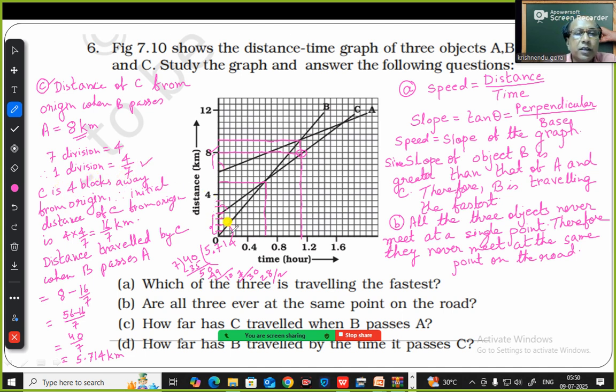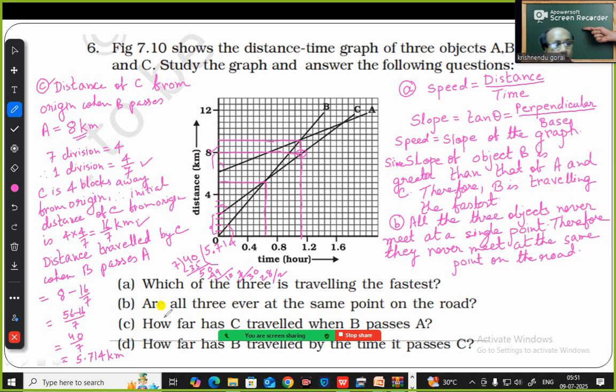C is 4 blocks away from origin, so the initial distance is 4 into 4 by 7, that is 16 by 7 kilometer. The distance travelled by C is 8 minus 16 by 7, that is 5.714 kilometer.